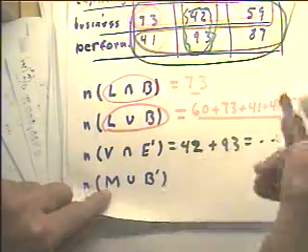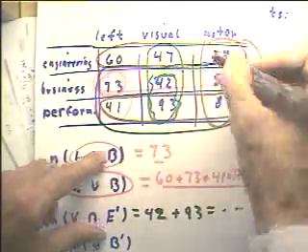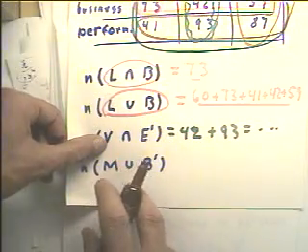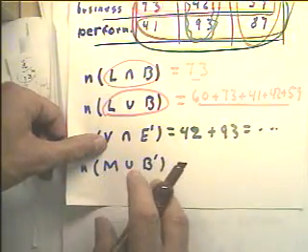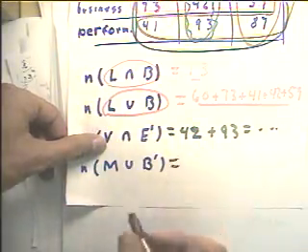Okay, M union B prime. So M is the motor, so we're going to include the motor, and we're doing the union. So we're going to lump these two together, so it's going to count if it's in either or both of the sets. So what's that going to give us?